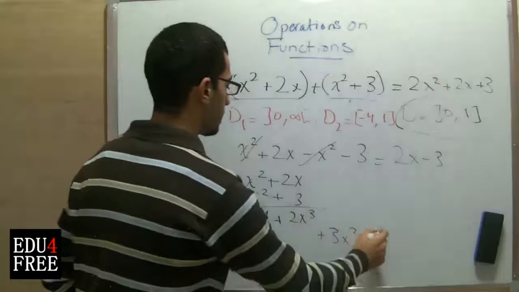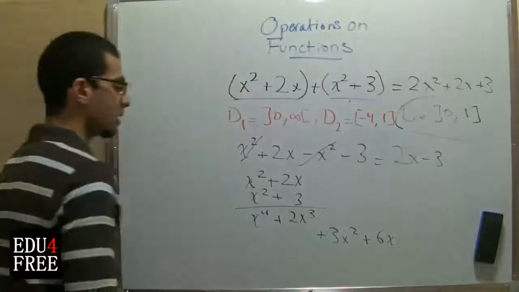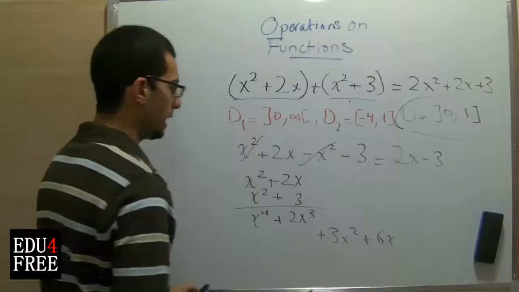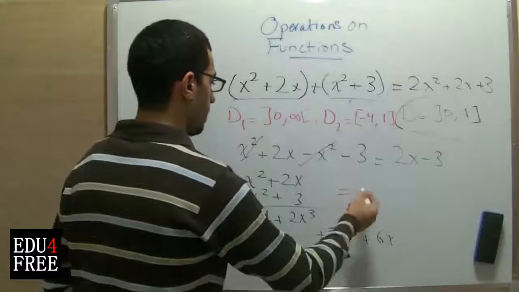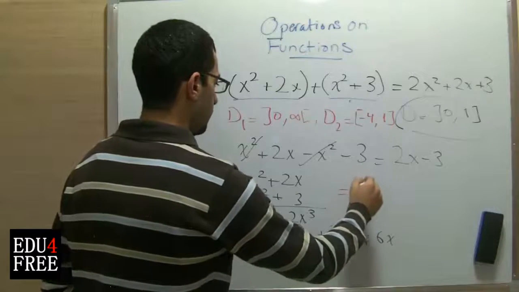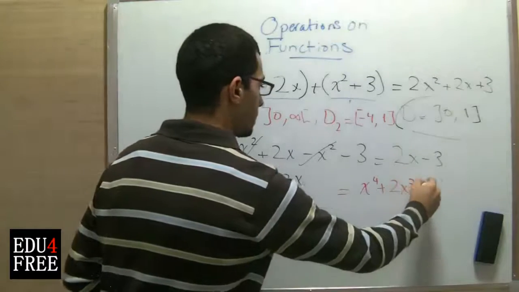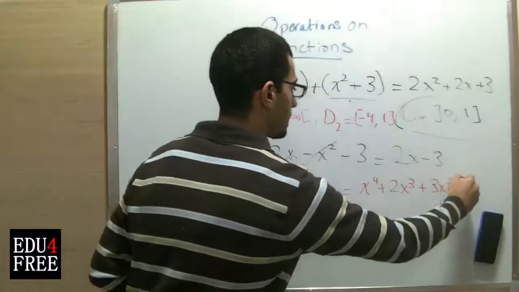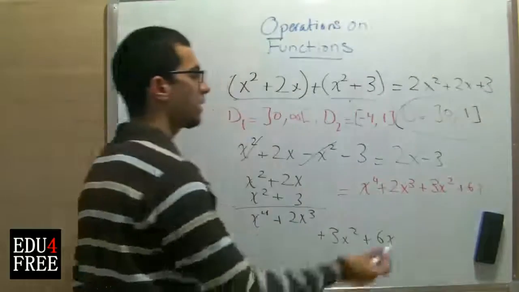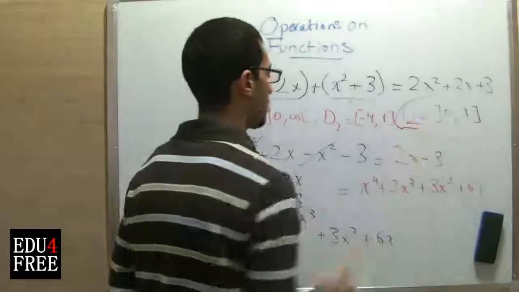And then here we get 6x. So the result will be x to the power 4 plus 2x to the power 3 plus 3x to the power 2 plus 6x. And the domain will be the same as that one.